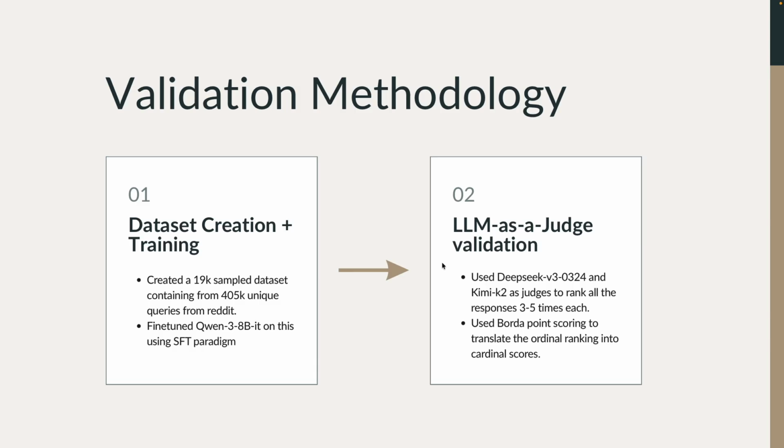For this project, I chose the second approach, where I created a small sample 19,000 sample data set, and I fine tuned the Qwen3 8B parameter model on those 19,000 samples.